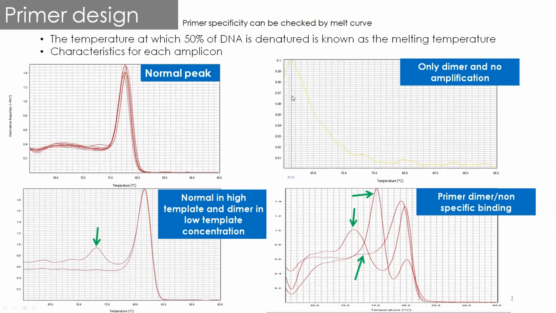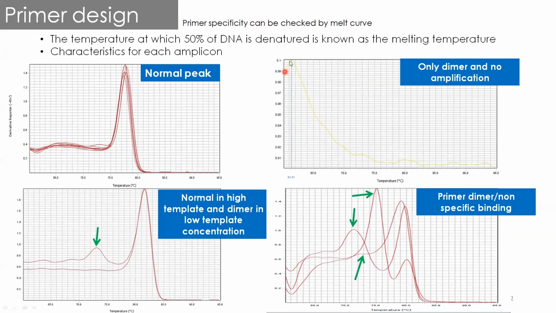So if you are getting a single peak like this, it means that it is amplifying only one amplicon, your target gene. In case it is showing something like this, it means that you have a dimer. So the dimer is also contributing to your fluorescence. In this picture you can see, right? So this needs to be avoided.